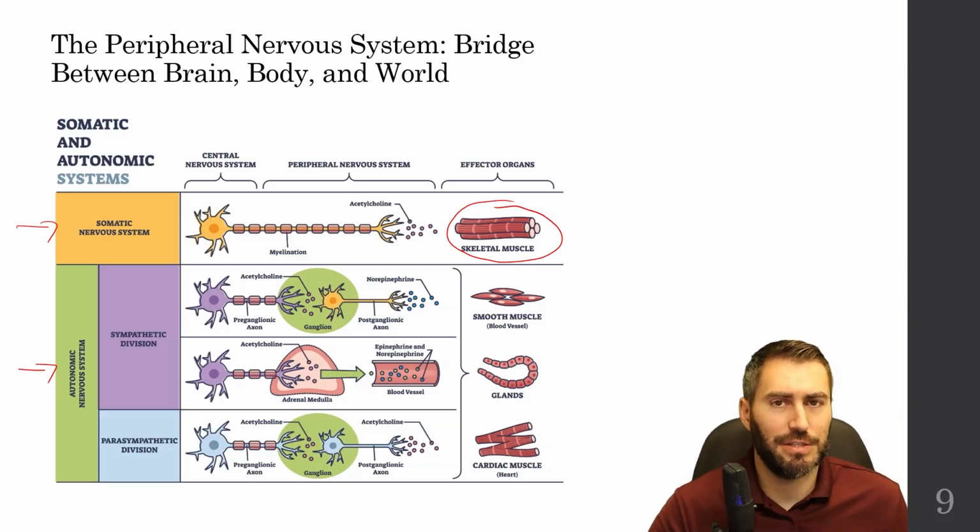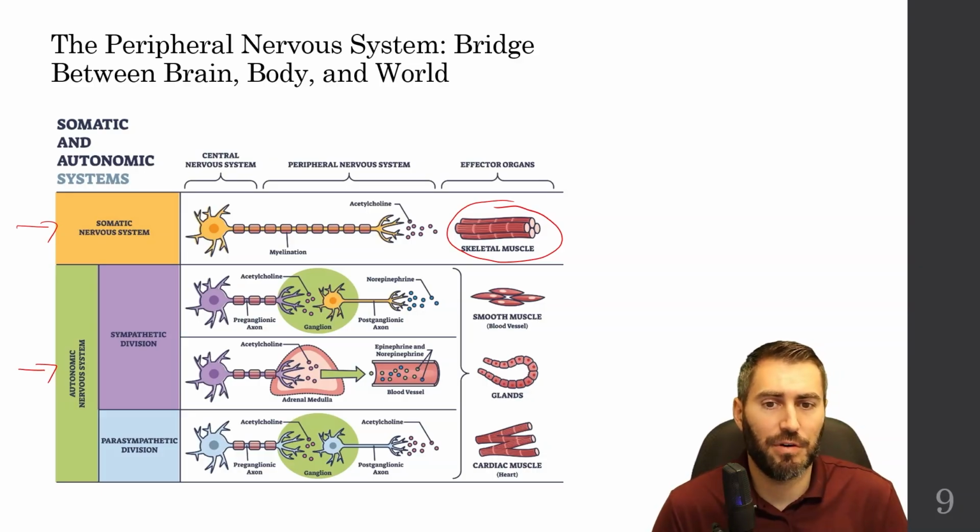So we can control our muscles, we can choose to move and alter them in different ways. And you can see also how this connects and ties into parts of the central nervous system as well. So this system is also responsible for that connection point between the two.